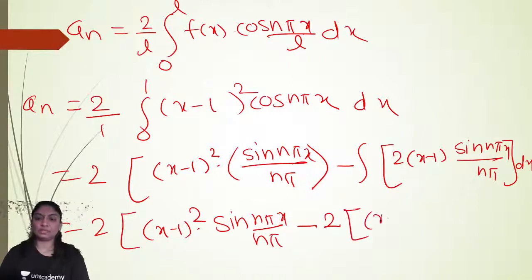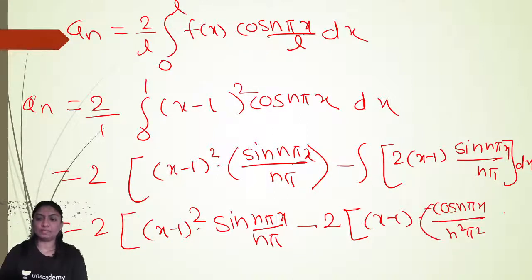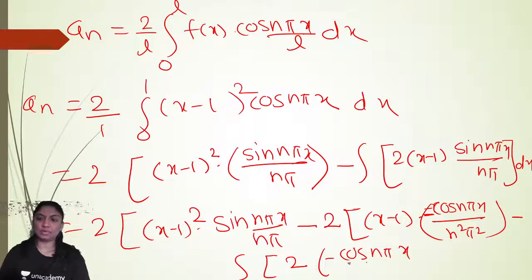Now write the first into integral of second, minus cos n pi x upon n square pi square, minus integration of derivative of first. So derivative of first becomes only 2, right? Derivative of 2x is 2 and minus 2 constant, so derivative is 0, into integral of second. So integral of second becomes minus cos n pi x upon n square pi square dx, right?